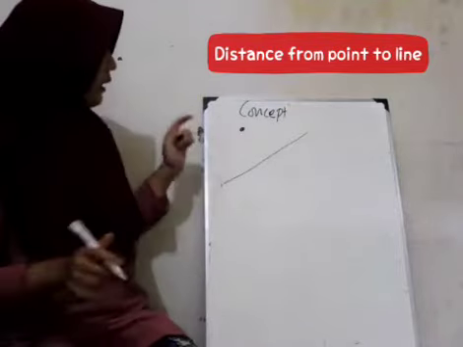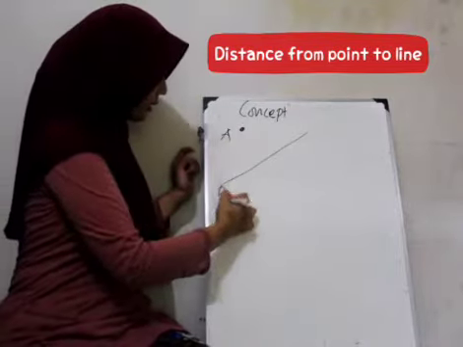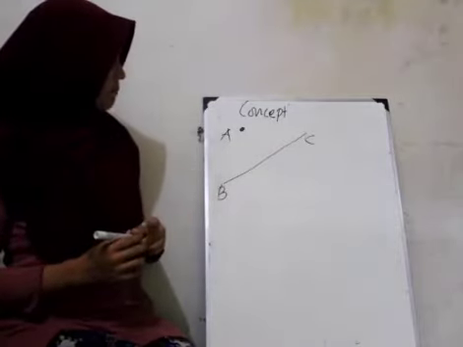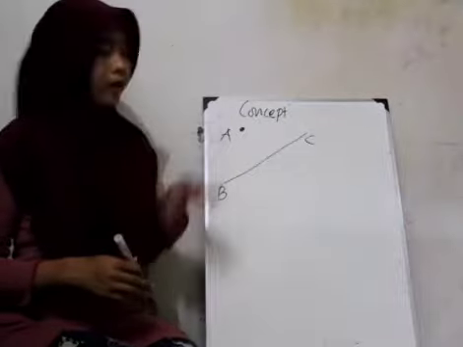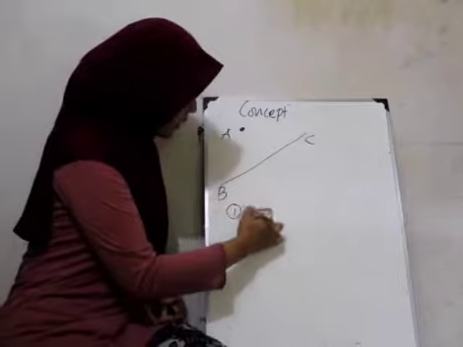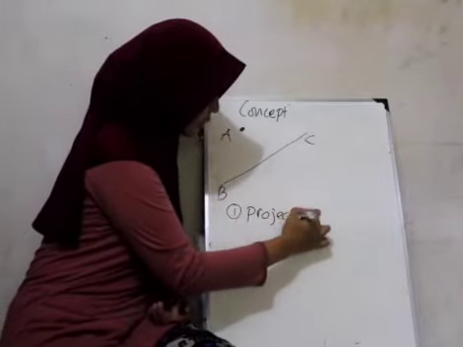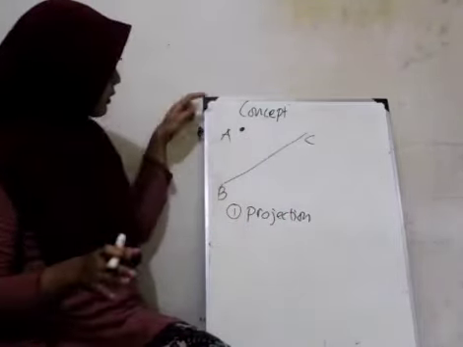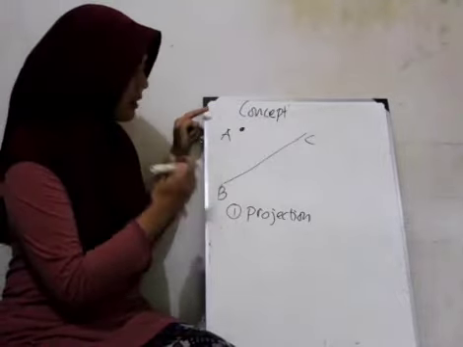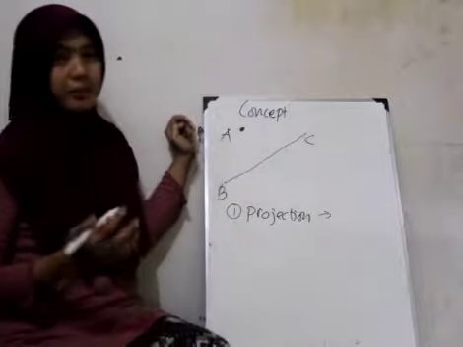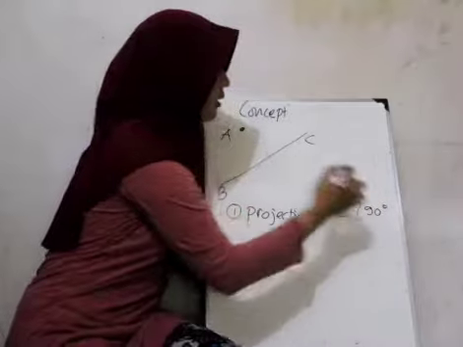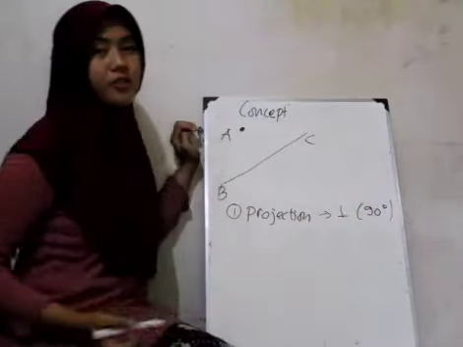So, for example, I have a point A and line BC. Then the definition of the distance is, first we have to make the projection of point A towards line BC, and the projection must be perpendicular, or say it has 90 degrees of angle.